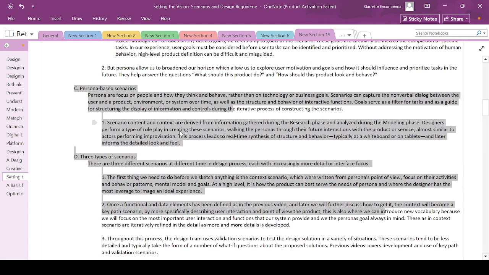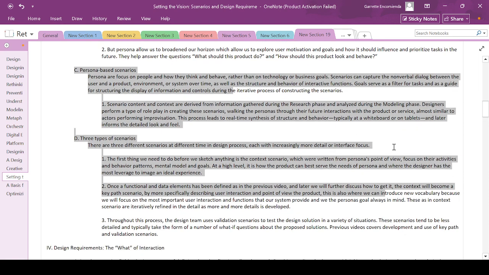So this persona-based scenario content and context are derived from the research and the modeling phase in the previous video. Designers perform a type of role play in creating these scenarios, walking the persona through their future interactions with the product or service.